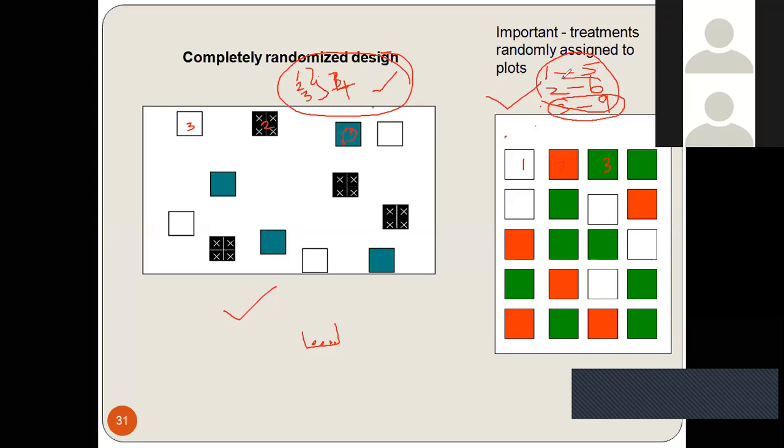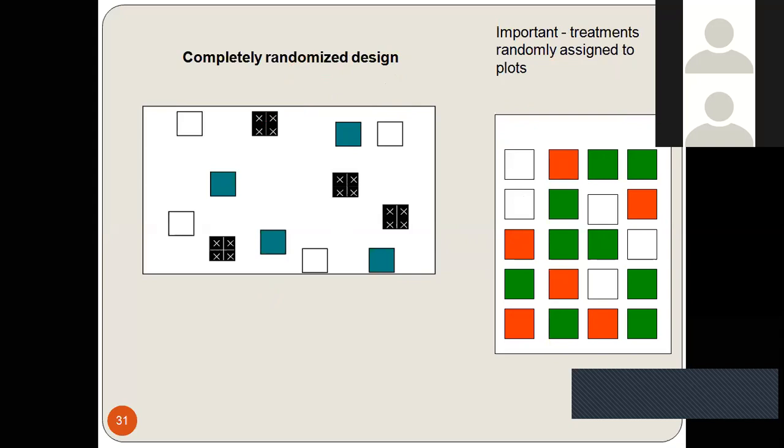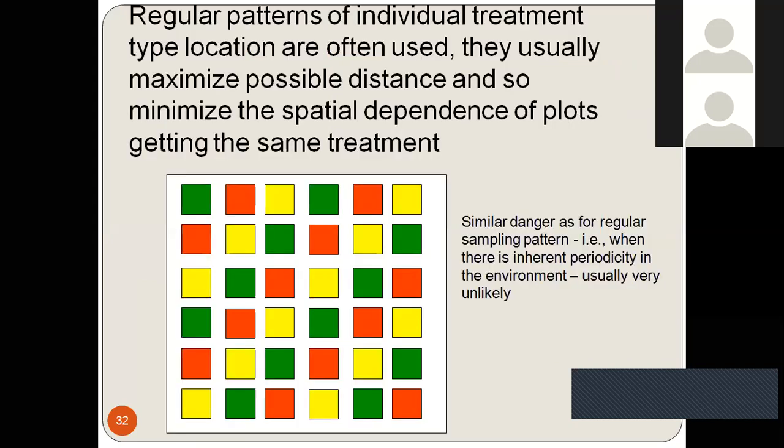Next, treatment 2 will be estimated with higher precision. The lower precision will be for treatment 1. So that is the only thing. But we can have any design as we want under the completely randomized design.